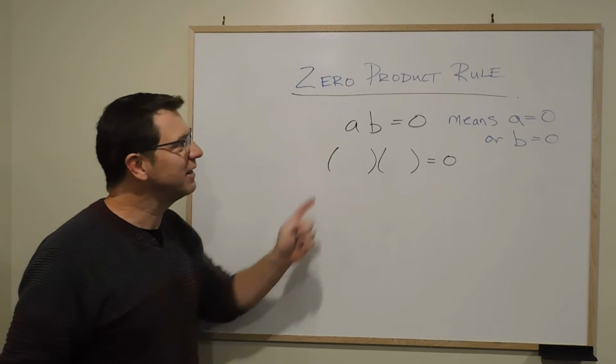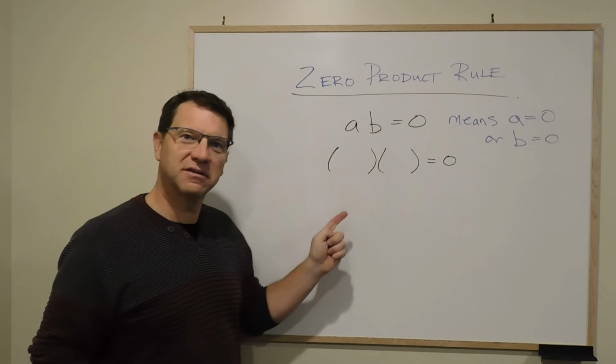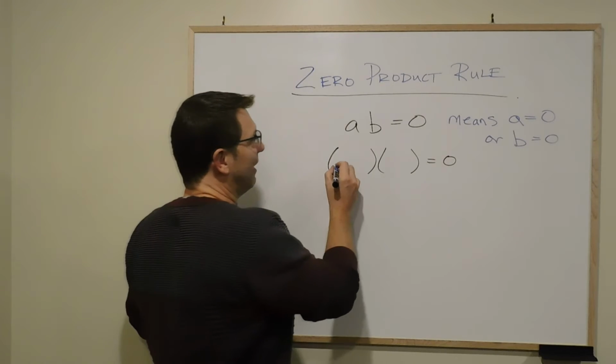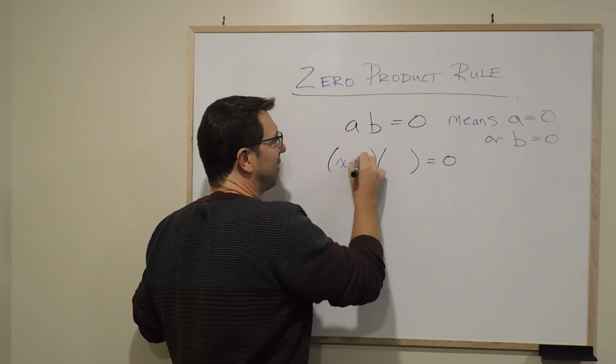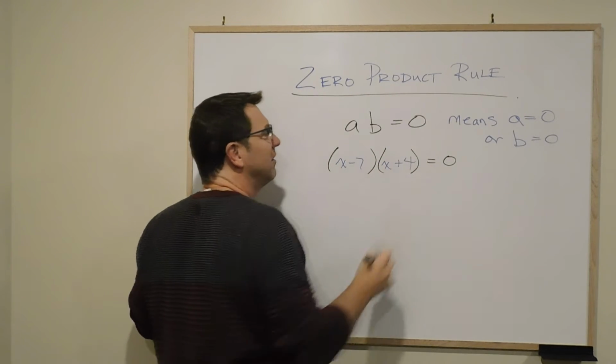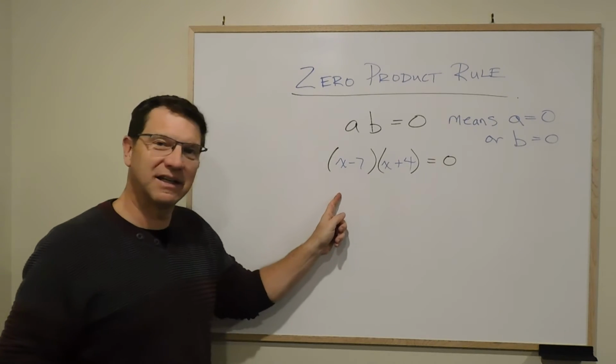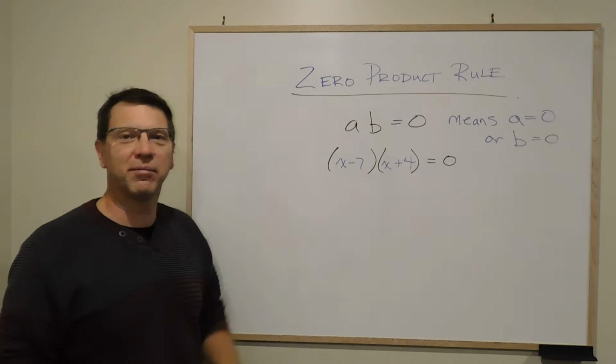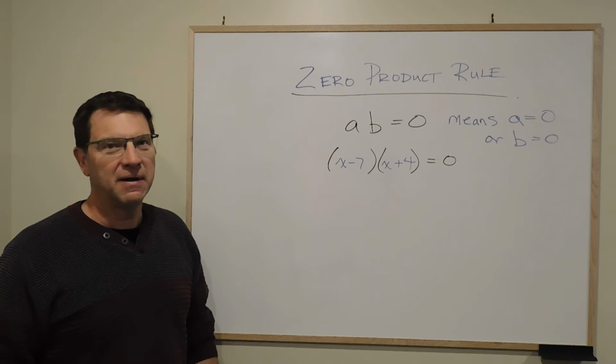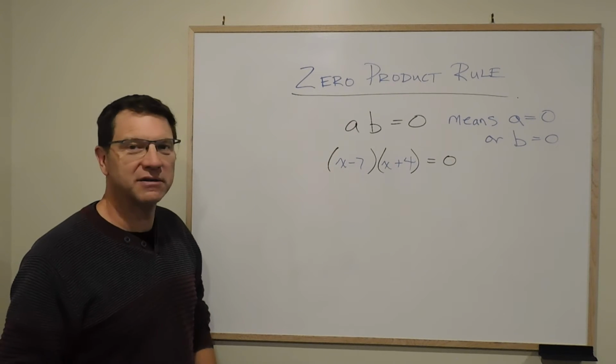But the only way to get two things, you might even have something like this, like x minus 7 and x plus 4, which we're going to get into. The only way those two brackets can equal 0 is if one of the brackets is 0, right? And therefore you lead into some possible solutions.